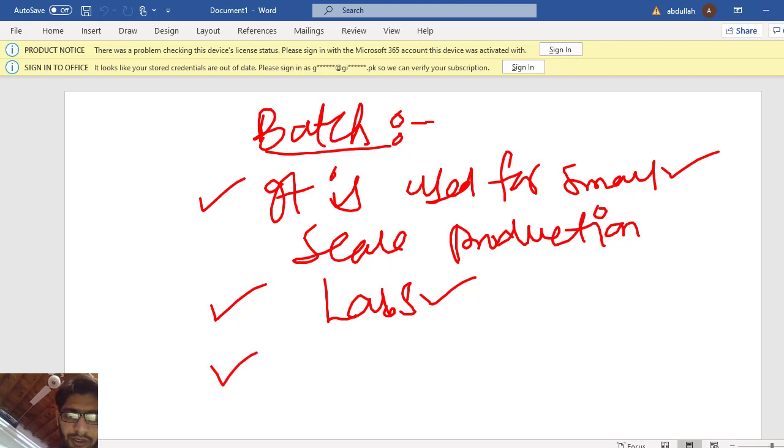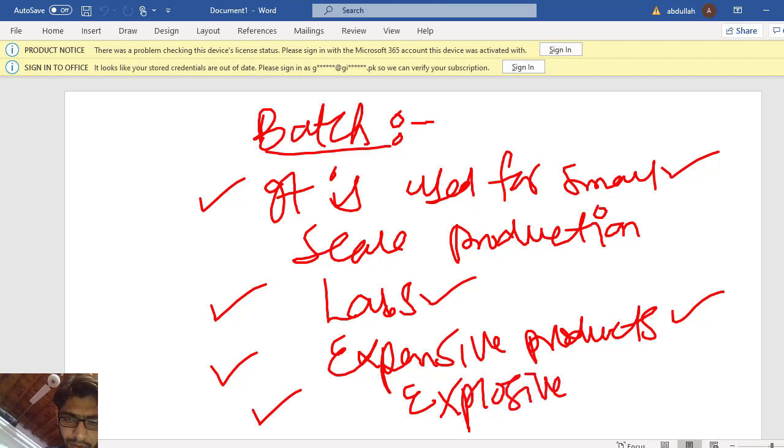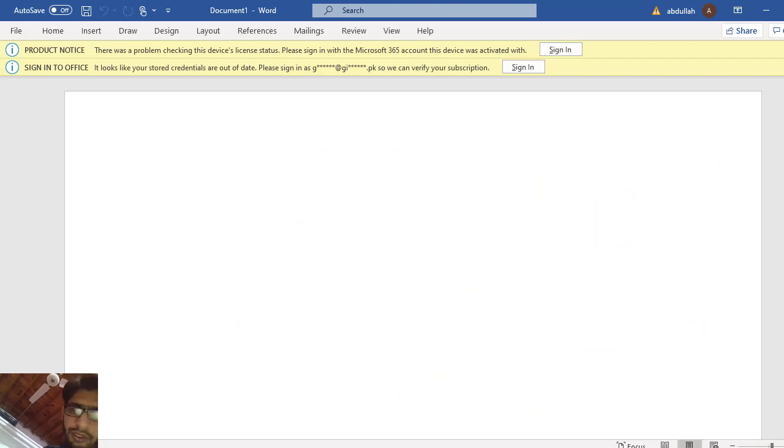It is used for the production of expensive products, or it can also be used for the production of explosive material. So this is a batch reactor.